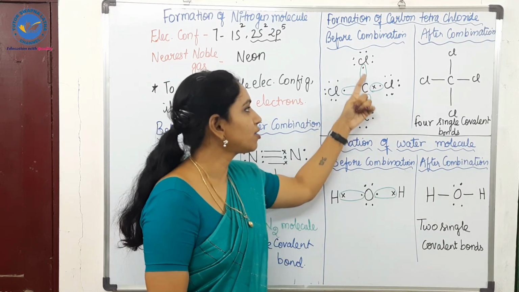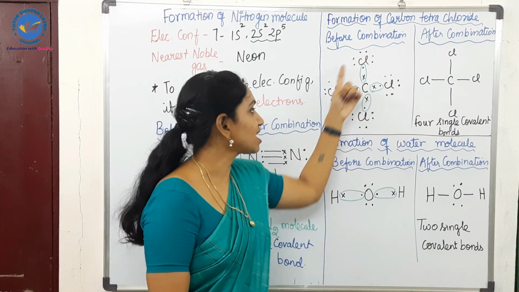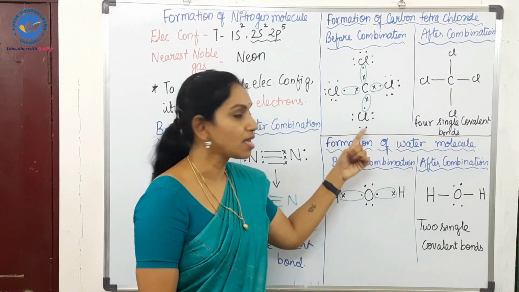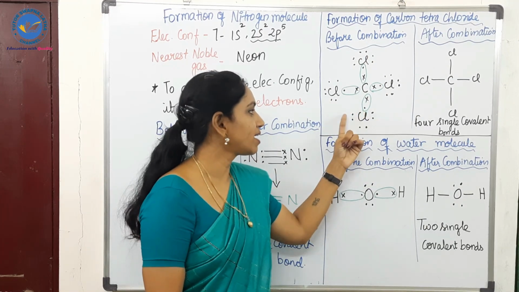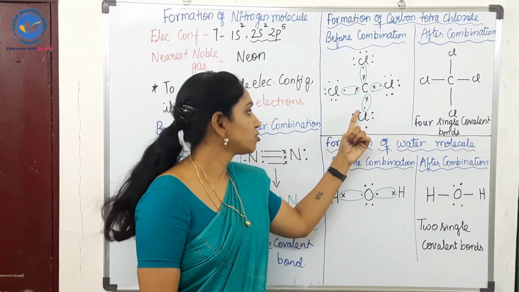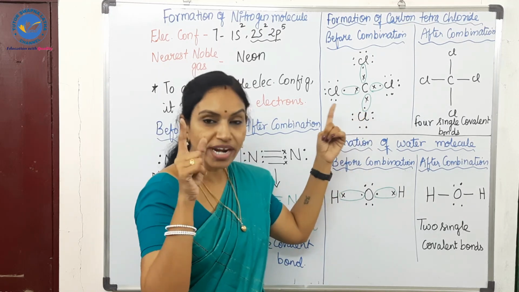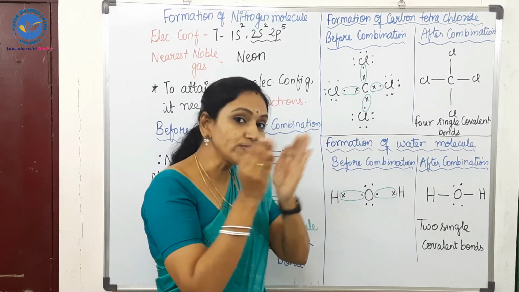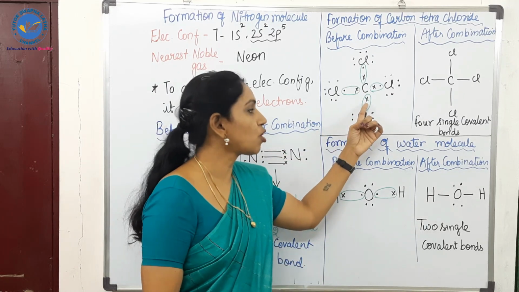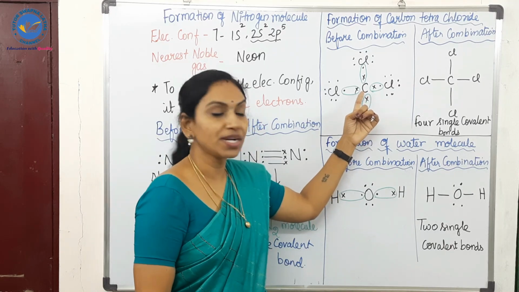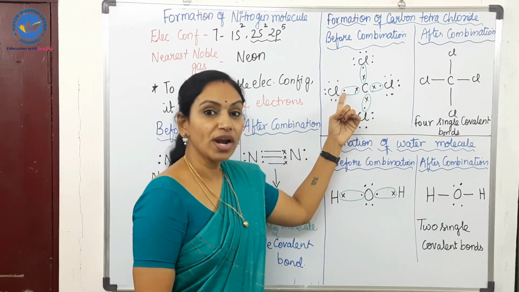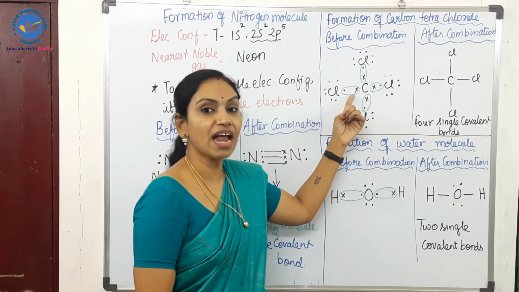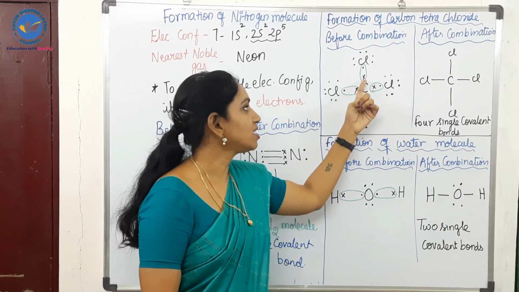See, carbon has 1, 2, 3, 4 and it reacts with 4 chlorine atoms, where chlorine requires only 1 and the remaining are all paired. So the one leftover unpaired electron of chlorine forms a bond with 1 electron of carbon. Then this one, then this one.